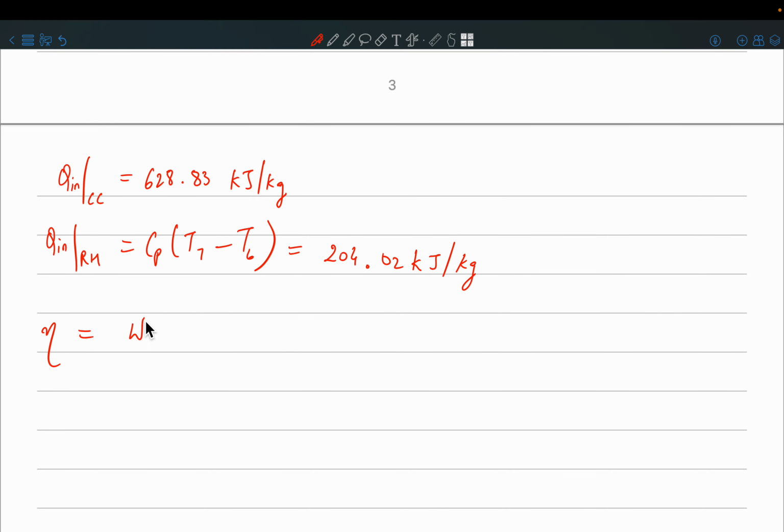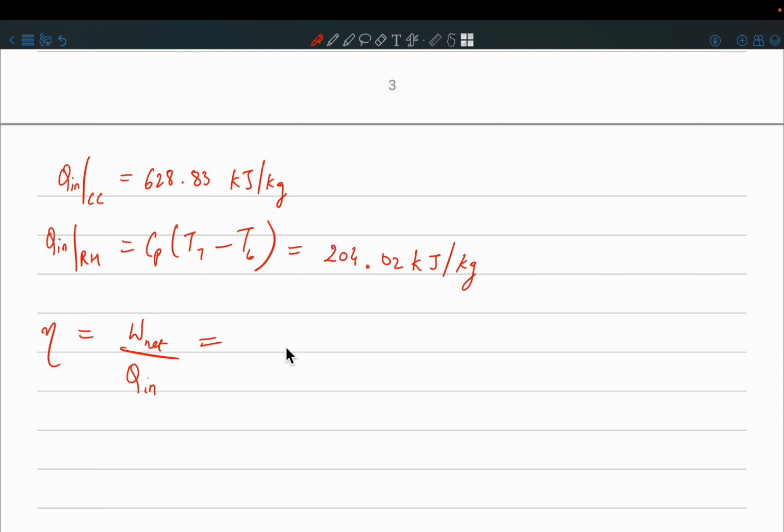So now we can define the efficiency. Efficiency is the net work produced divided by the total heat input into the cycle. Now remember, because we have a reheater, we also have to include the heat of this reheater. So in an ideal turbojet, we only take the heat from the combustion chamber, but now we will also include this from the reheater.